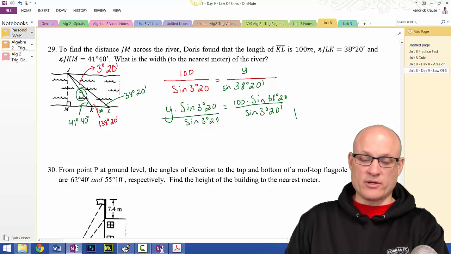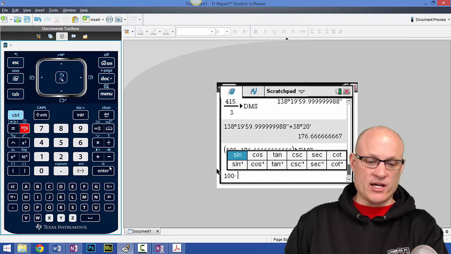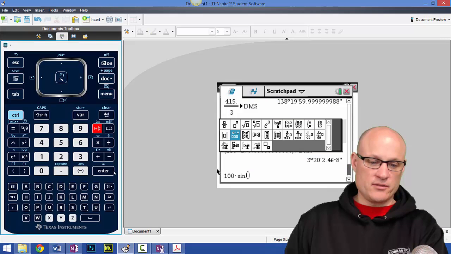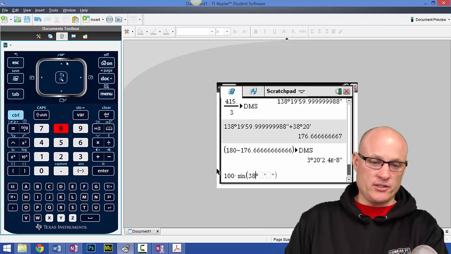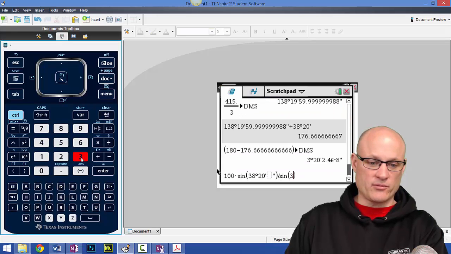Wow, got a lot going on here. So 100 times the sine of 38 degrees 20 minutes, divided by the sine of 3 degrees 20 minutes.